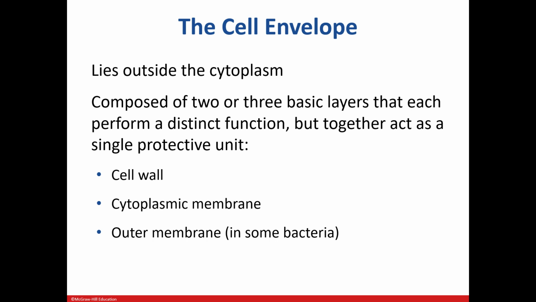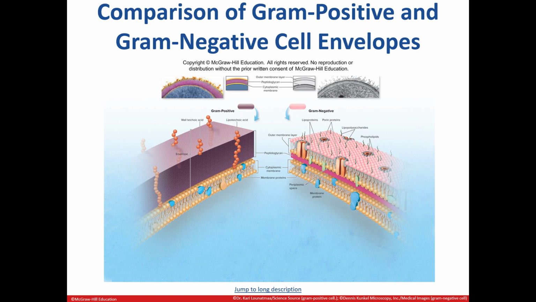The cell envelope of a bacterium, depending on what bacterium we are dealing with, has 2 or 3 layers. Those layers are the cell wall, cell membrane, and outer membrane. Let's look at some differences in a gram-positive bacterium and a gram-negative one. On your left, you will see a gram-positive bacterium, which contains a thick layer of peptidoglycan in its cell wall.